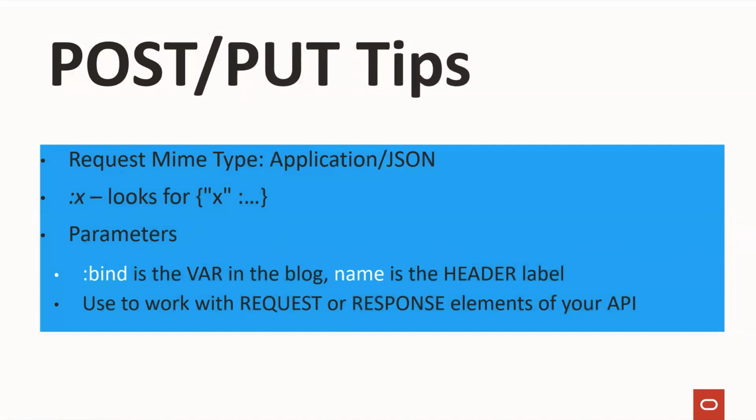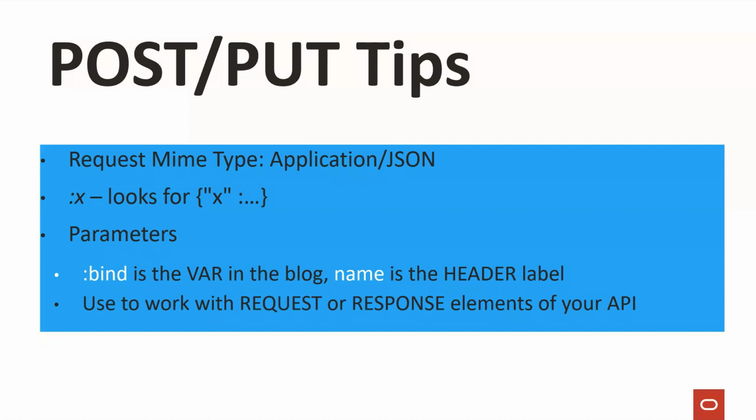When you're doing POST inputs, you're often going to be attaching JSON documents to those requests, and you're going to have to set the MIME type on your request when you go to do that.